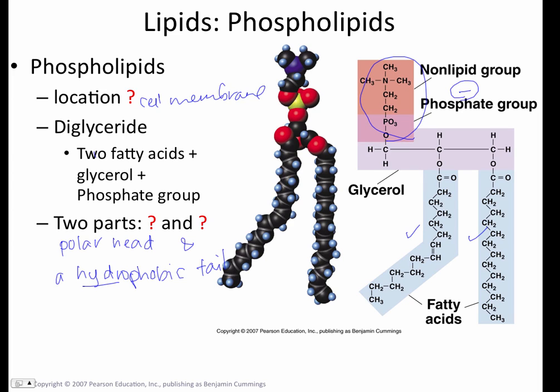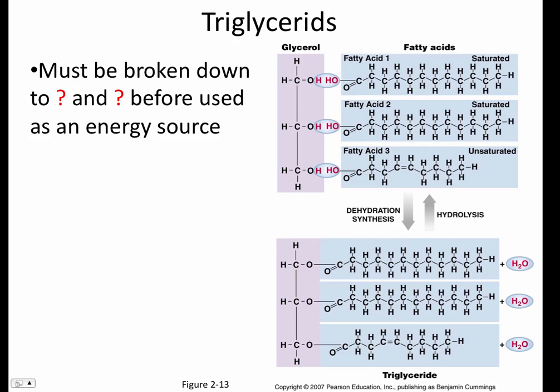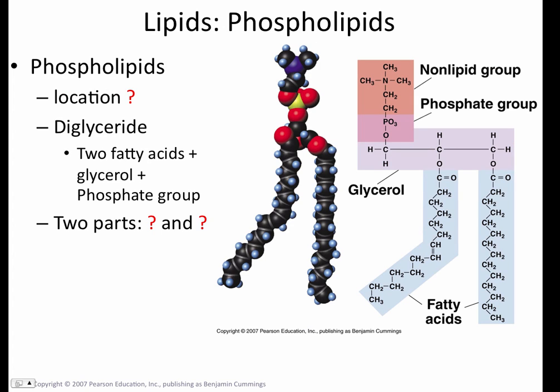So hydro means water again. Phobic, if you have a phobia of something, you have a fear, so it's scared of water. So anything that's hydrophobic does not want to be close to water. Now, why does this make sense? Let me clear this off really quick. And remember water. Water has a partial negative, partial positive charge.